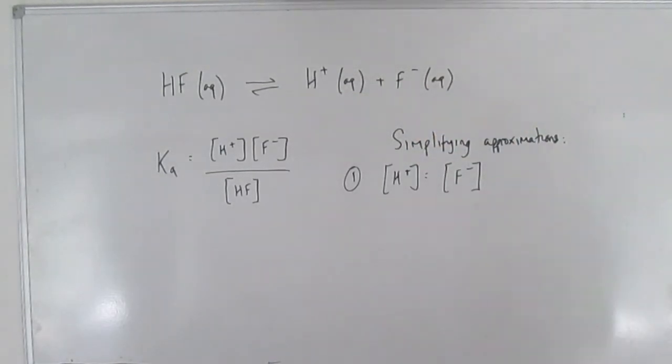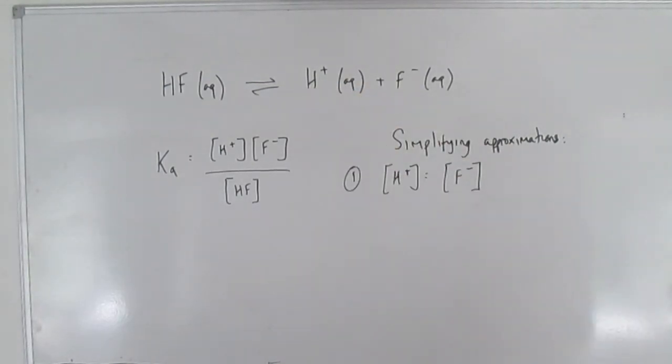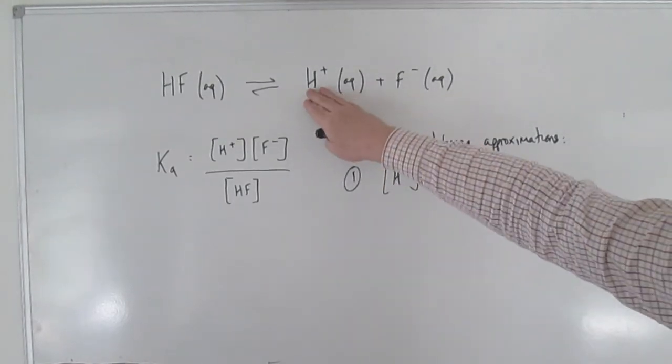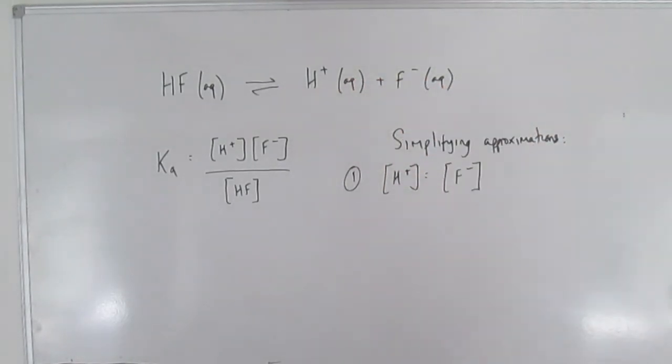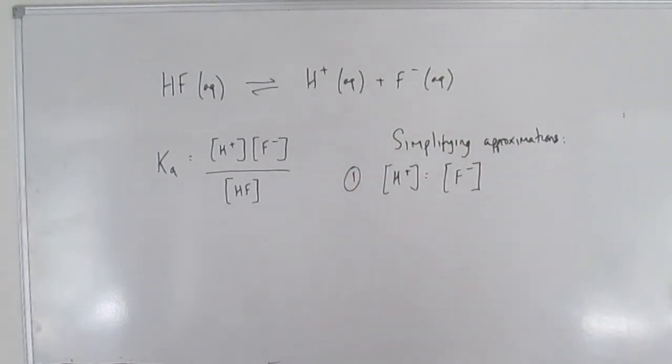But of course what that ignores is the fact that there will be some H+ ions that come from ionization of water. So in general, you would expect the H+ concentration to be a little bit higher than the F- concentration, because H+ is supplemented by the ionization of water. Now actually, because water is so bad at ionizing, as we've already discussed, that difference is usually pretty negligible.